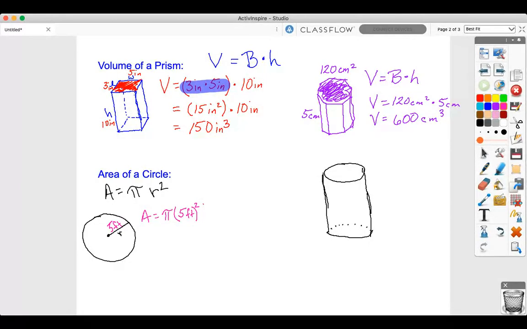So we need to take 5 feet and multiply it by itself. So here, this is pi times, well, 5 times 5 is 25. Feet times feet is feet to the second power, so feet squared.